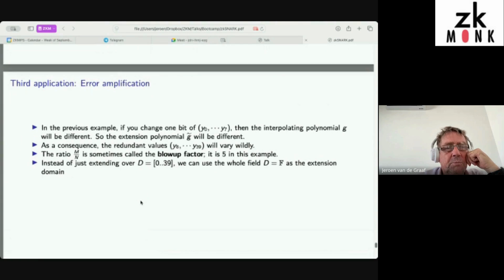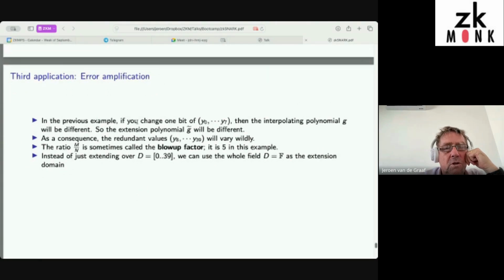So in the previous example, if you remember, the original message was eight 16-bit values.